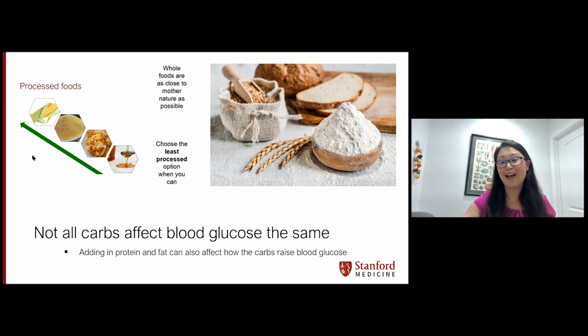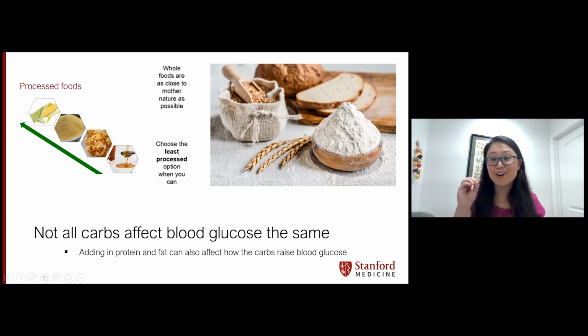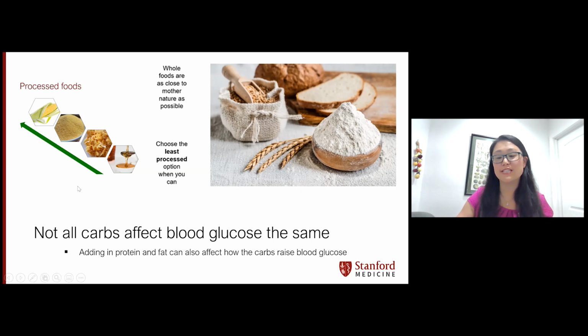And then in the middle, I have cornmeal and corn flakes. I don't know if you've ever had corn flakes, but even the zero sugar corn flakes, so no sugar added, just corn, really can spike blood sugar because it's very easy for your body to digest. Most cereals are. So just know that not all carbohydrates will affect your blood sugar the same.